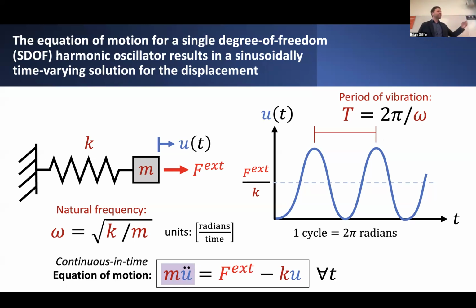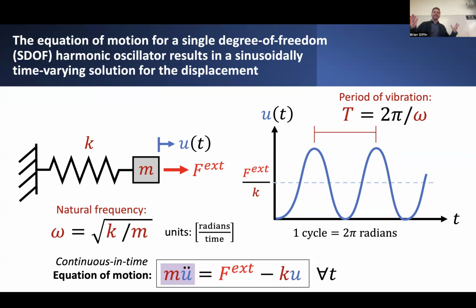So this expression is sometimes referred to as the continuous in time form of the equation of motion. It's the equation that you could theoretically solve, at least for this very simple problem, by solving this second order differential equation expressed with respect to time.